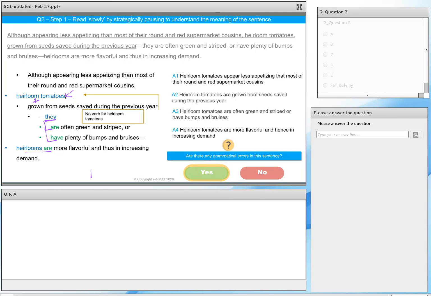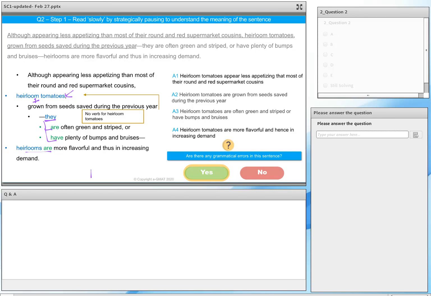Now I see some of you are thinking that there's a pronoun error here. There is no pronoun error in the sentence, okay? They is referring to heirloom tomatoes. Okay, and up at the top of the sentence, we see, although appearing less appetizing than most of their round and red supermarket cousins, there is also referring to heirloom tomatoes, okay?